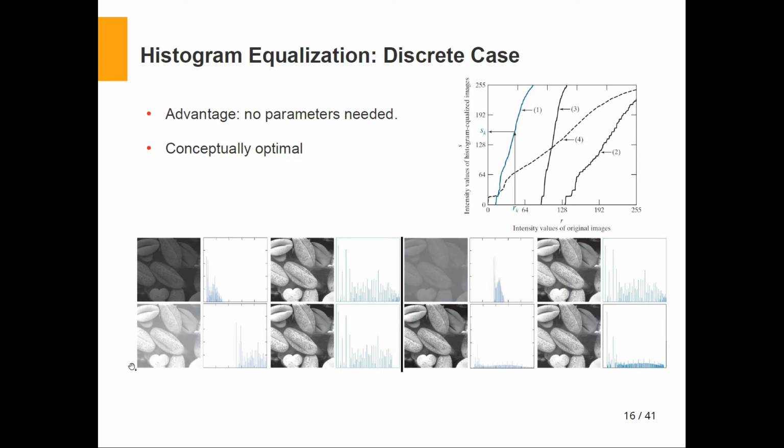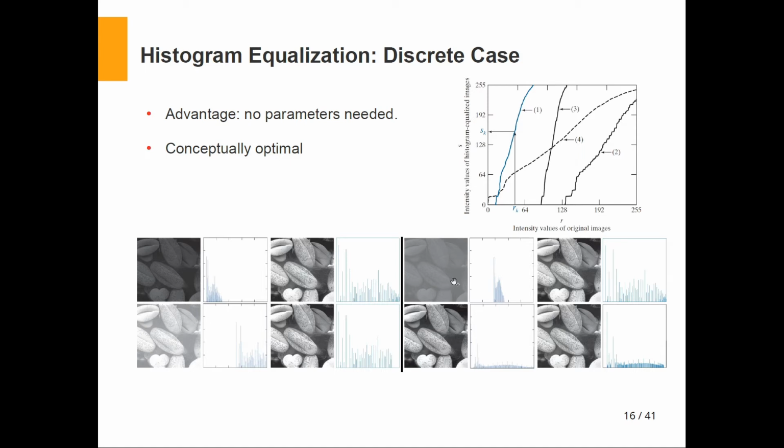The same happens for the image that was much brighter. Again, after applying the histogram equalization, we have a much more uniform histogram for the output image, and the contrast is also improved.